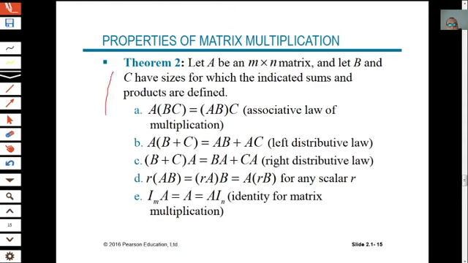So we have another theorem after defining matrix multiplication. Namely, we will see properties of matrix multiplication in this theorem. Let A be an n by n matrix, and B and C have sizes for which the indicated sums and products are defined. We should write proper sizes for B and C to define matrix multiplication and addition.